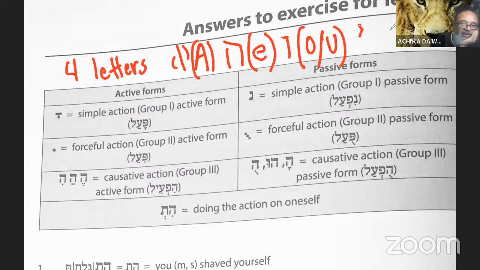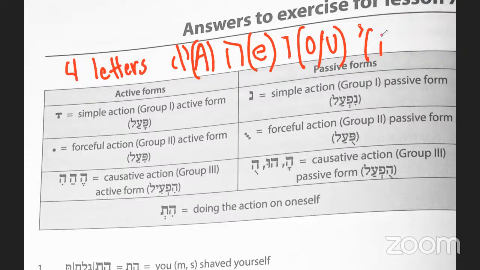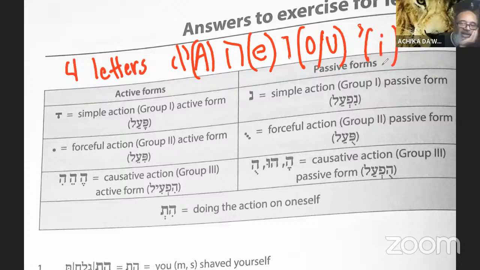Okay. And finally, our last letter is the yod. What vowels does that represent? I. Thank you. Okay. And I can be short or it can be long. But you just know that it represents that. So if I put these in English, I got an A, an E, an I, an O and a U. All right.